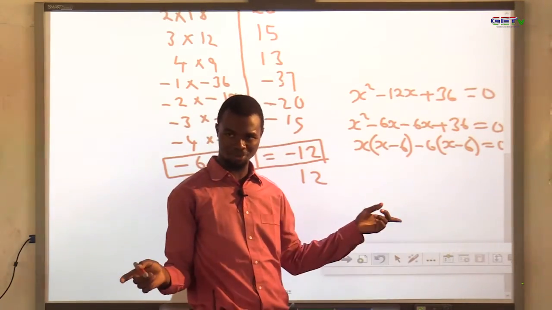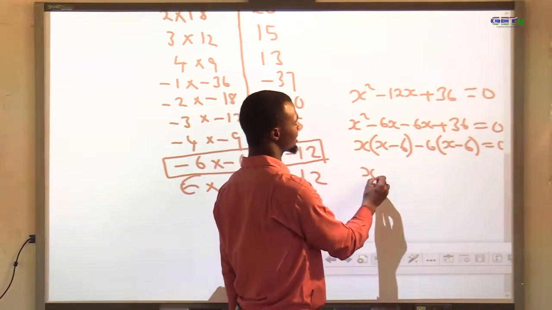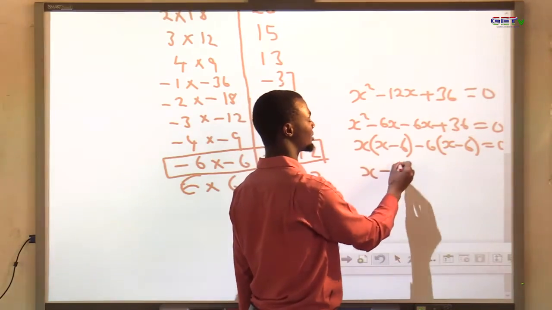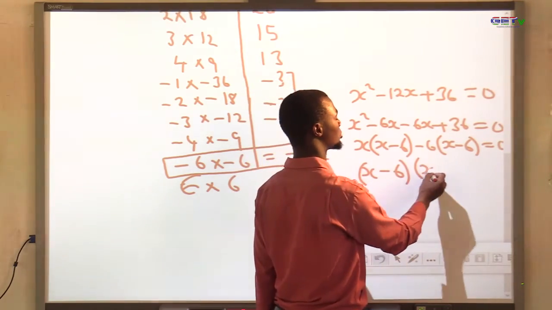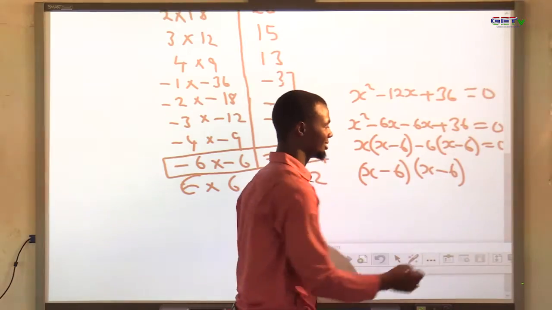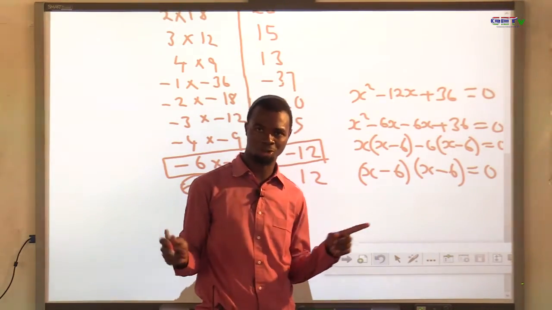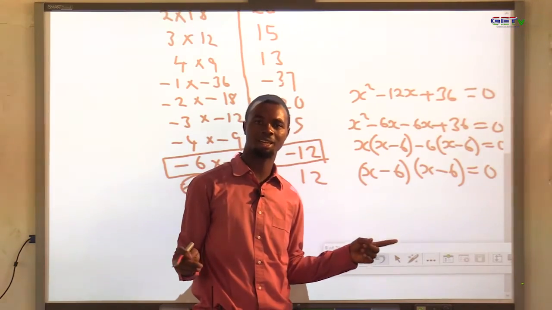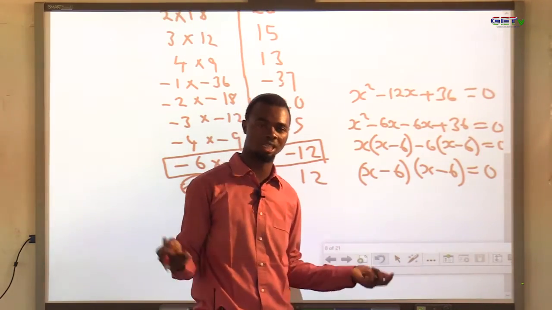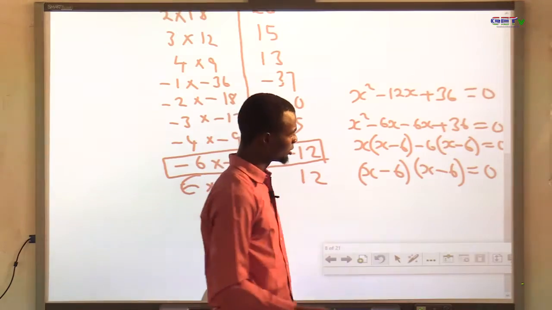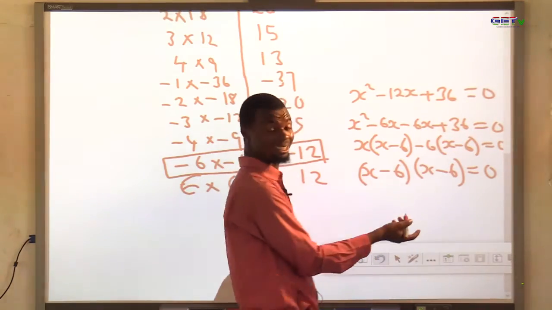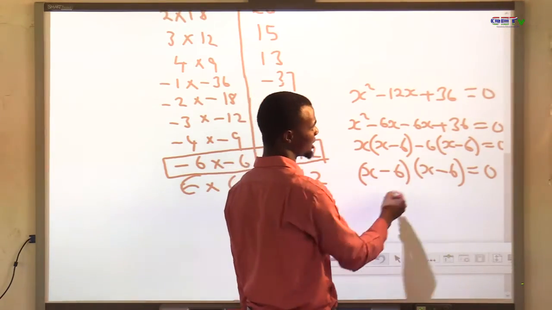We do the same thing as we did before. We'll have now x, the ones outside, x minus 6, and we have also x minus 6. This equals 0. We take the zero product from this. A times b equals 0 means either a is 0 or b is 0. But if you look at this, the expressions are all the same.